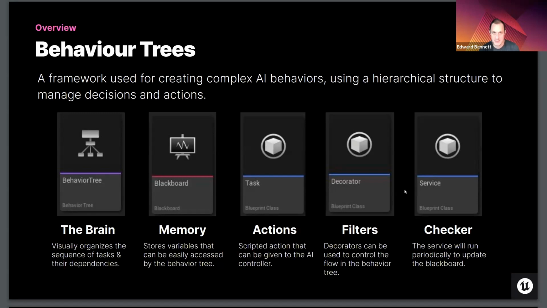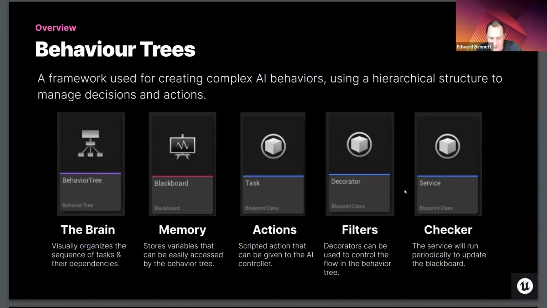I think it's impossible to create a behavior tree without a blackboard, but a blackboard functions as the memory of the behavior tree. It also functions as a way of communicating, passing data between different tasks. We can have multiple different memories so that we can make it modular and able to swap them in and out.